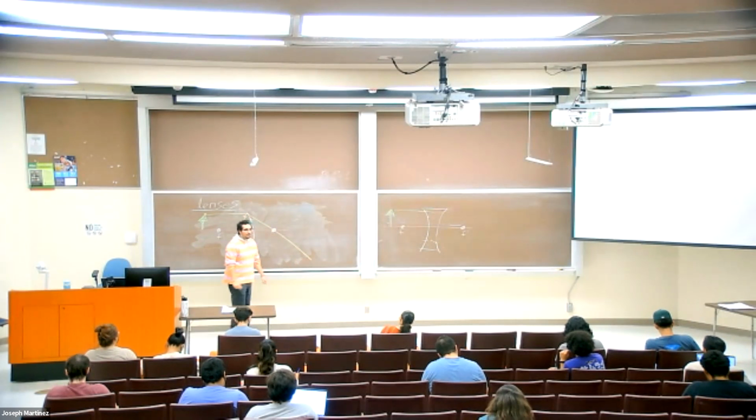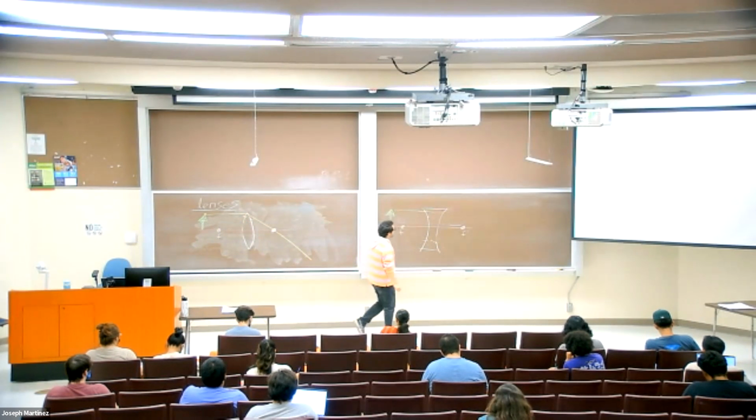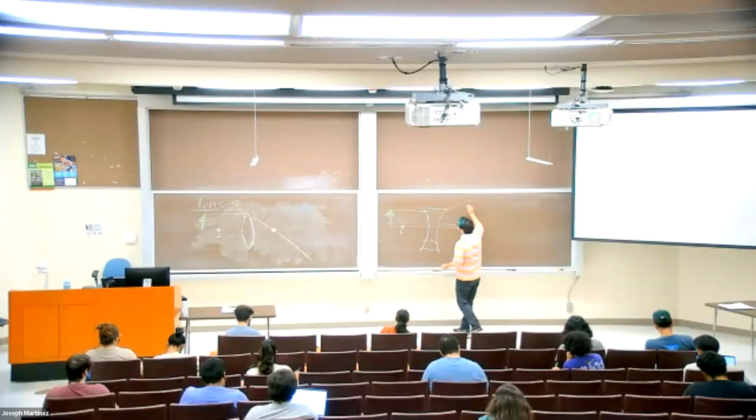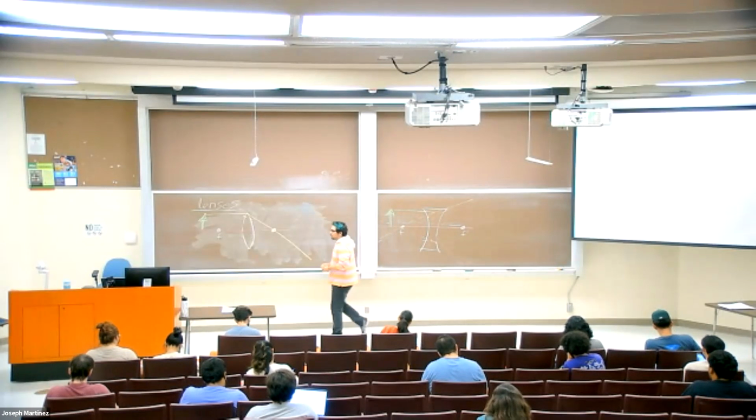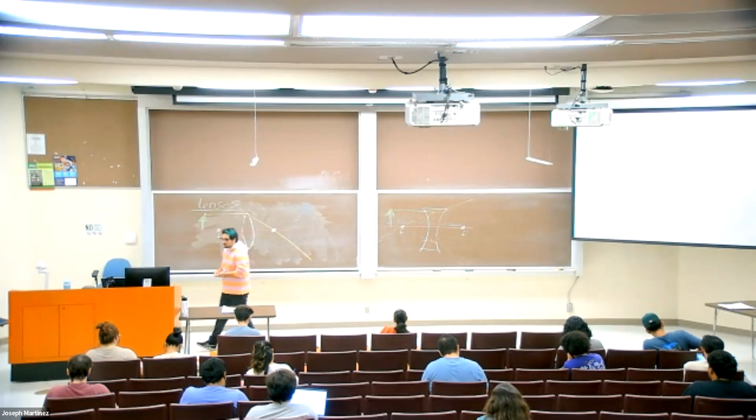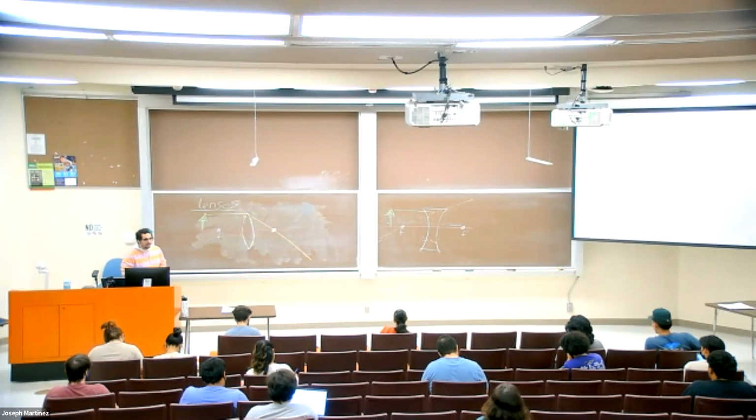Just like that. The diverging lens will go away. And if you trace this line backwards, it will go through the focus. You just have to trace it backwards. Does that make sense? Does this line seem visually understandable? Any questions?